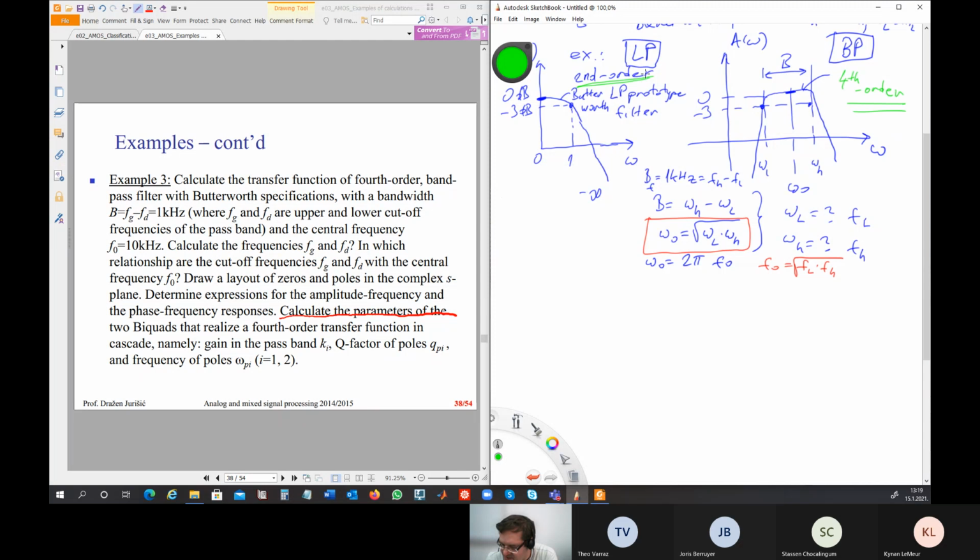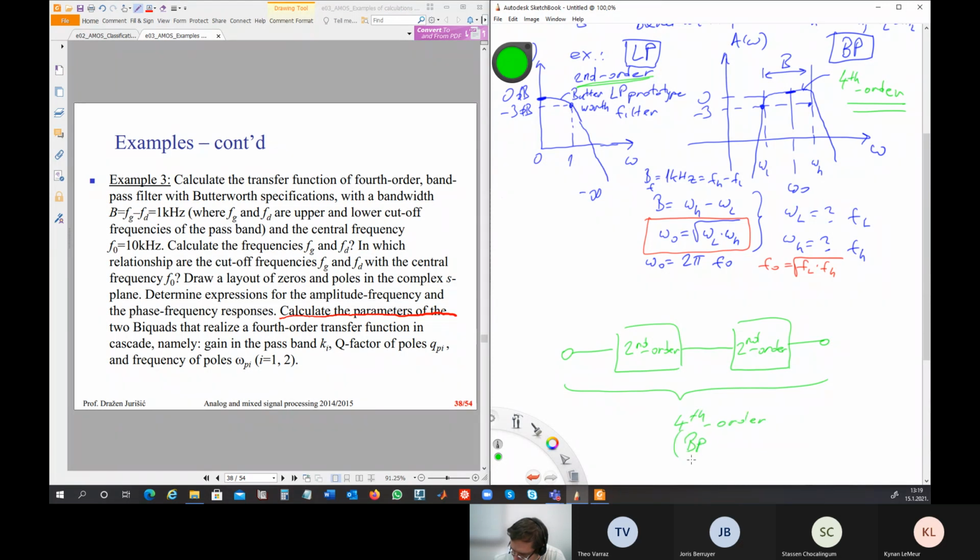We will see that it is possible to realize fourth order as a cascade of second order biquads, so that the overall filter is of fourth order.